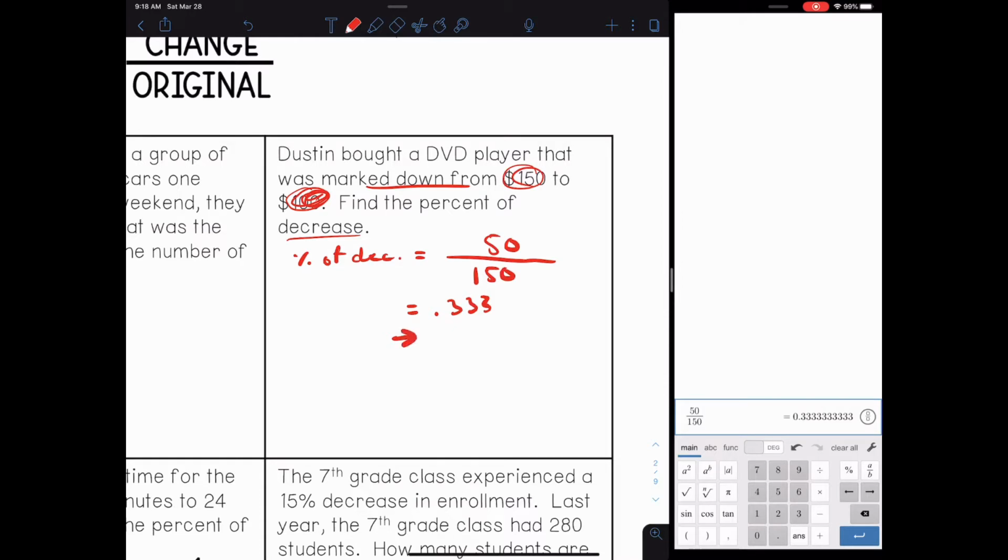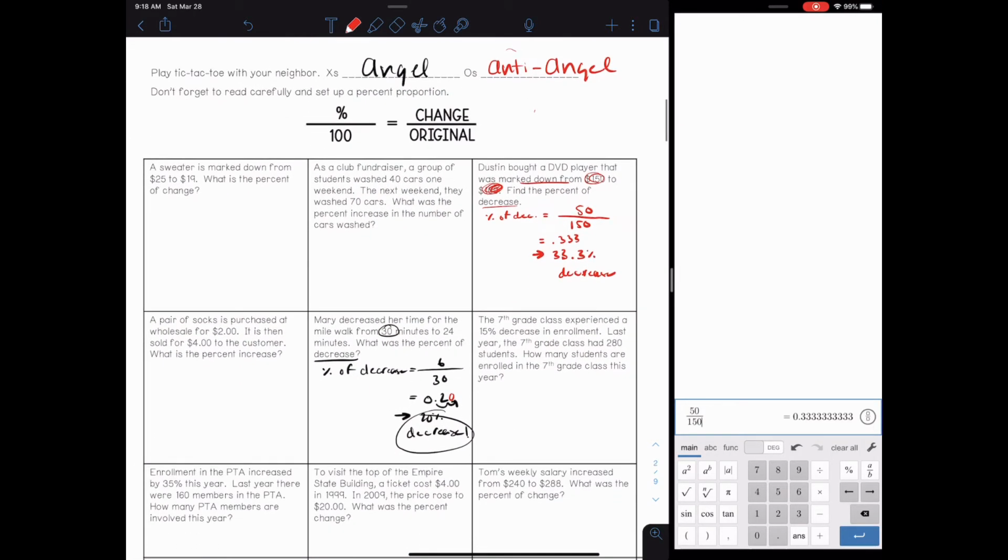And that is changed to 33.3%. Increase or decrease? This was a decrease. All right, so that was that top right one.